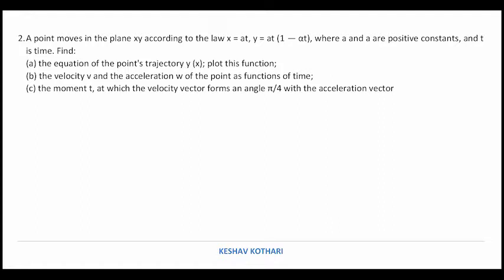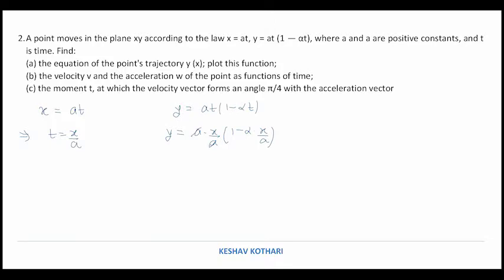So for this particular problem, we are given that the motion along the x-axis is x equals at, and that along the y-axis is y equals at(1 minus alpha t). So from here I can write that t equals x upon a, and if I put this value over here, we can write it as a times x upon a times (1 minus alpha x upon a).